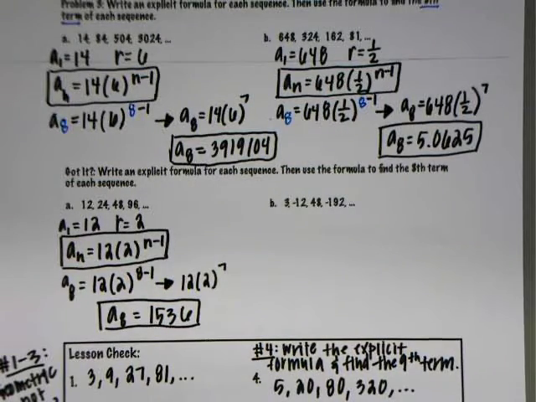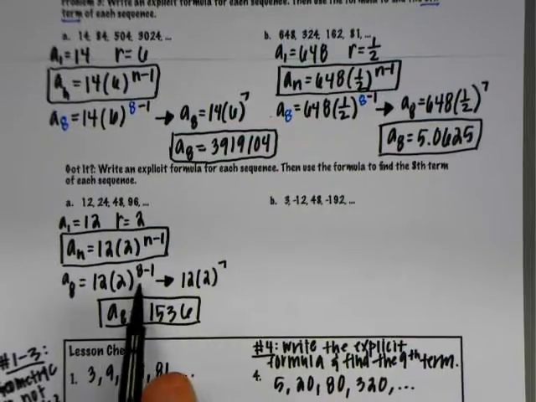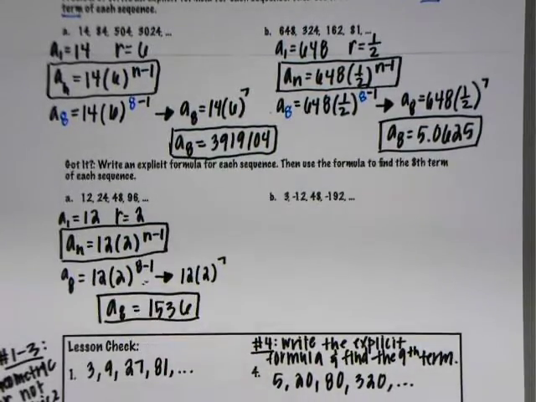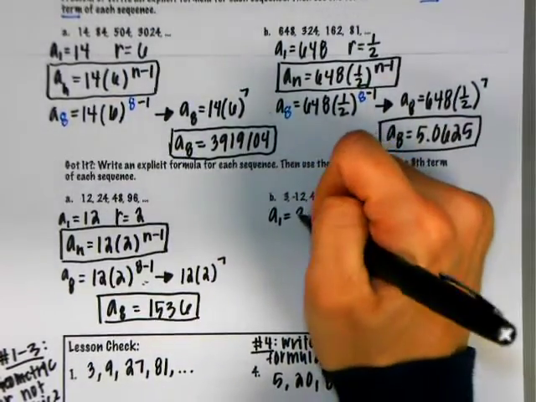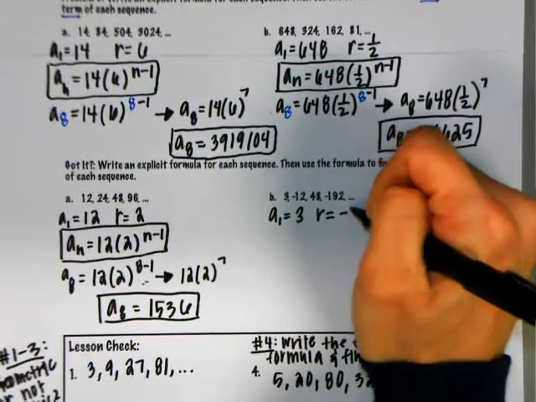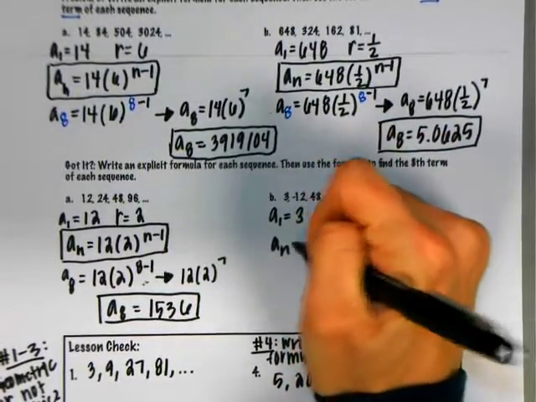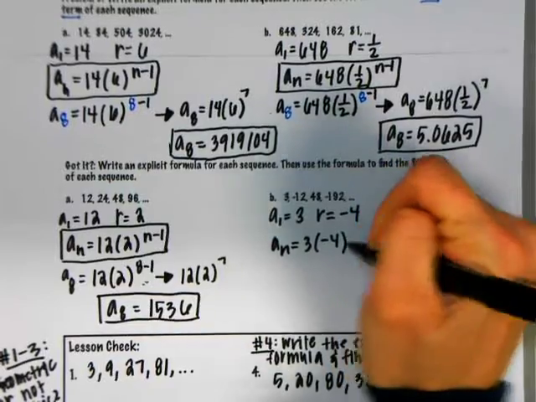Any questions on that? Doing 8 minus 1. 8 minus 1. Just simplifying that. All right, on B, what's the first term? 3, and the common ratio? Negative 4. Yep. So a sub n equals 3 times negative 4 to the n minus 1 power.